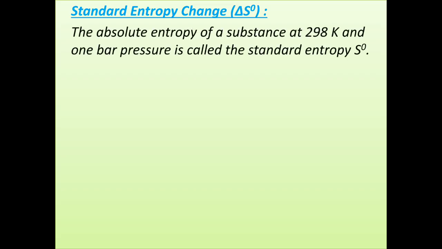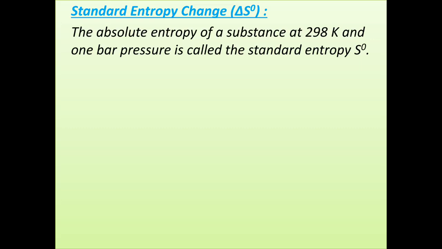Now we are going to see what is standard entropy change for a chemical reaction and formation of a compound. Entropy, we already know, is a measure of randomness. But what is standard entropy? The absolute entropy of a substance at 298 Kelvin and 1 bar pressure is called the standard entropy, and it is denoted by S0.